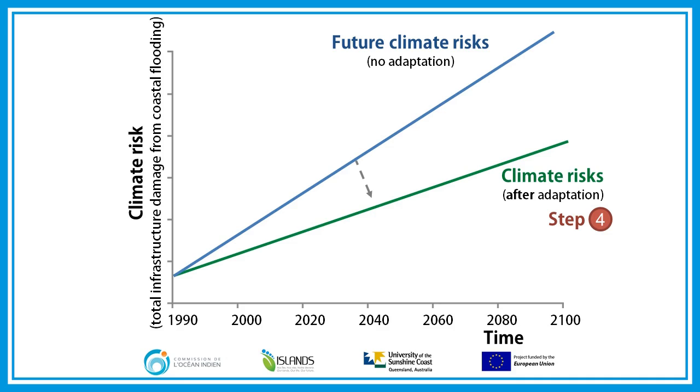Adaptation can include either public actions, such as building a seawall to reduce inundation, or private actions, such as raising a house up on poles to prevent flood damage. As there are likely many possible adaptation options that could be implemented, it is necessary to consider not only how cost-effective they are, but also whether or not they're consistent with long-term social and environmental objectives.